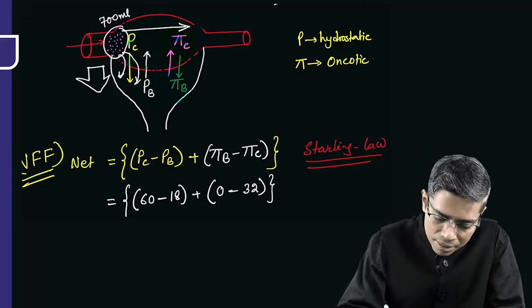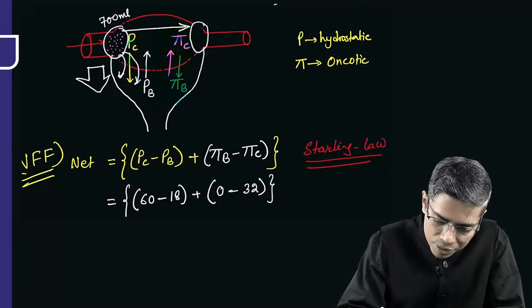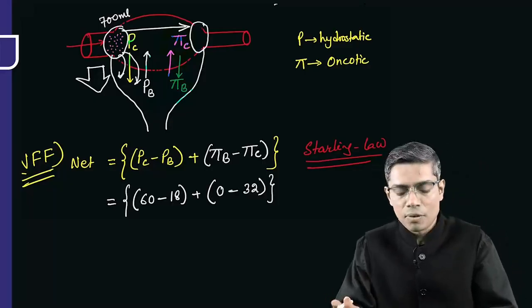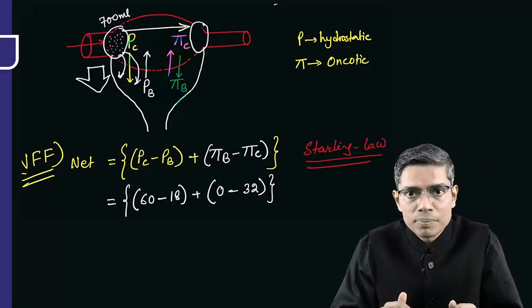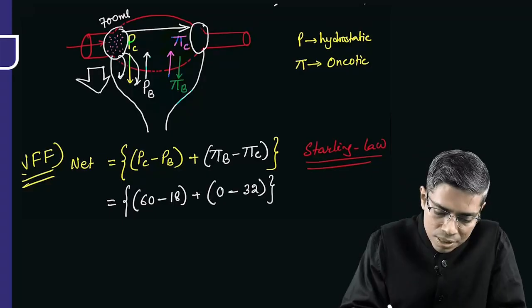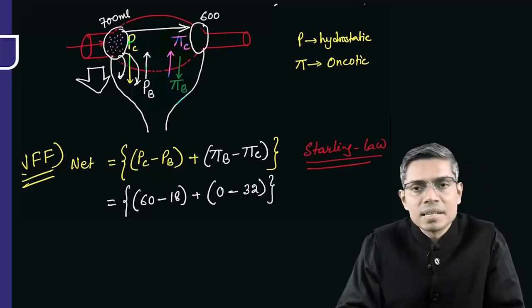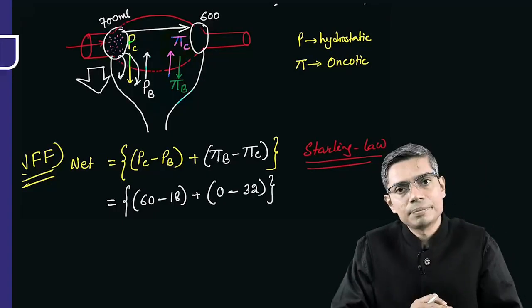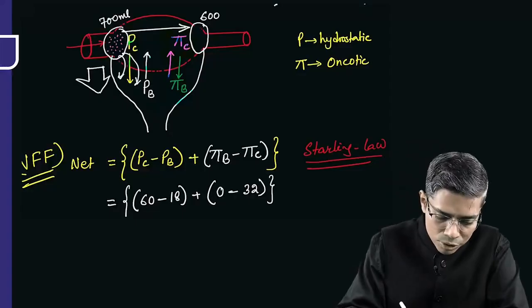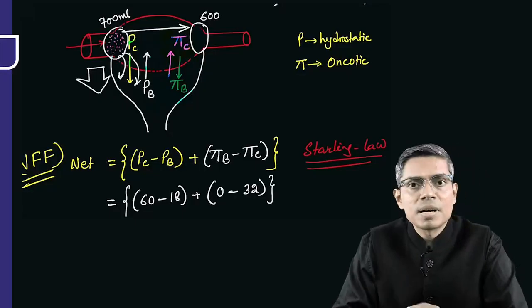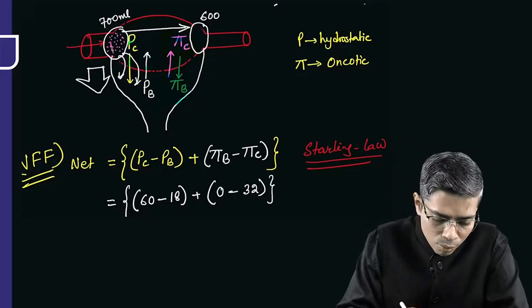So the volume of plasma reaching the efferent end will obviously be reduced because of the filtration. Suppose 600 ml of plasma is reaching towards the efferent end. But what about the albumin which was present inside this 700 ml of plasma? 100 molecules of albumin were there. So what will happen?